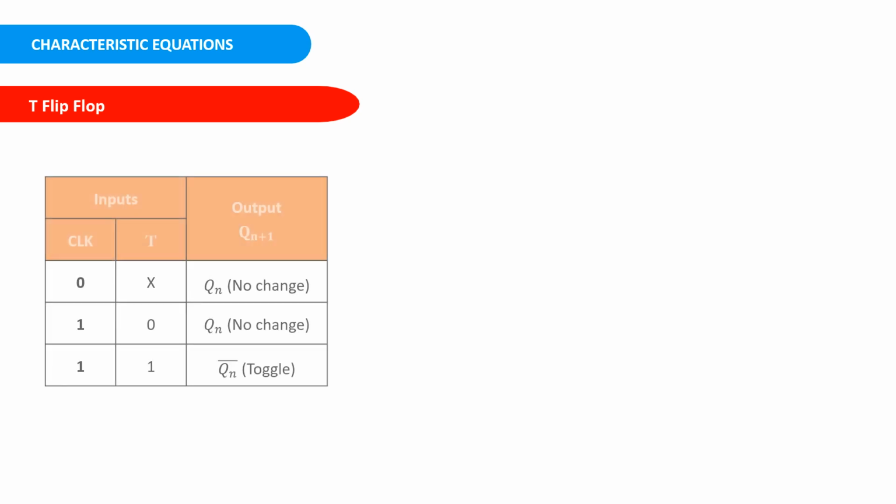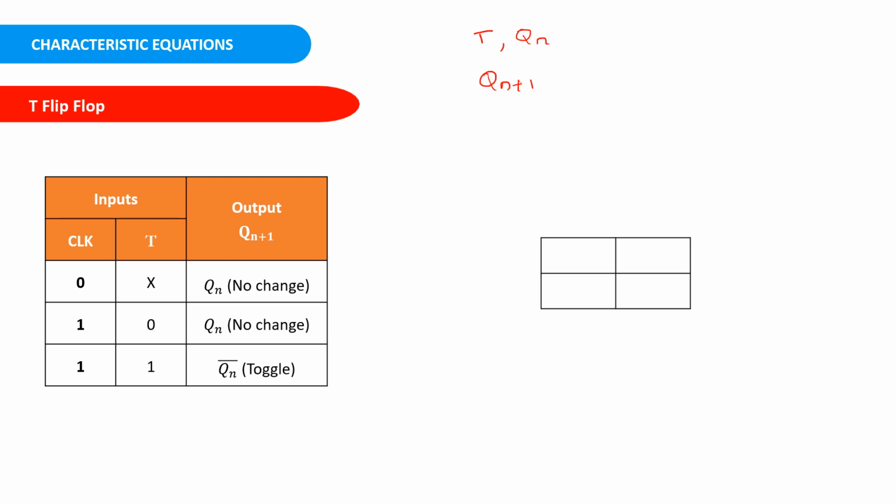Next is the T flip-flop, or toggle flip-flop. In the toggle flip-flop, we have one input terminal T, and the second input variable is Qn. So Qn plus 1 depends on these two. If you draw the K-map, you can take one of the inputs as T and the other as Qn.